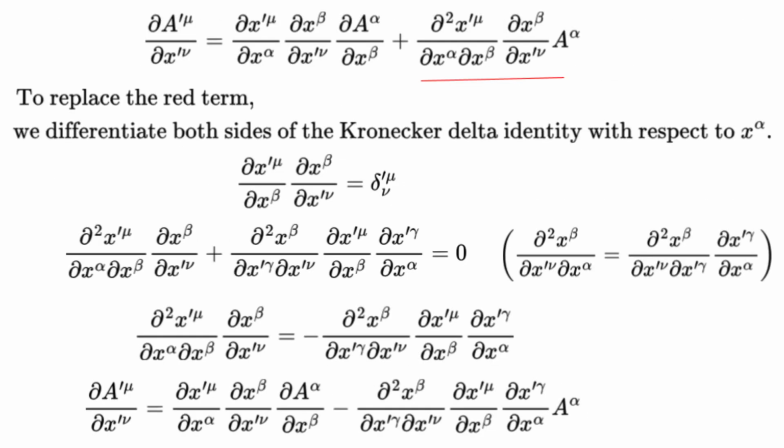To replace the red term, we differentiate both sides of the Kronecker delta identity with respect to x alpha. The following slides contain a detailed calculation proving that the covariant derivative of a contravariant vector transforms as a tensor. Please feel free to pause and verify each step at your own pace.